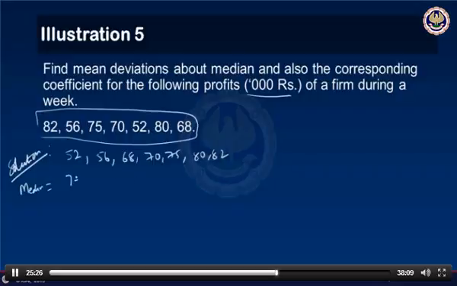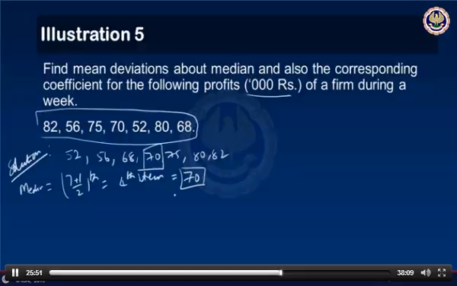So (7 plus 1) by 2, that is 8 by 2, the fourth item is the median. Let us look: 1, 2, 3, 4. The 70 is the median for this data.